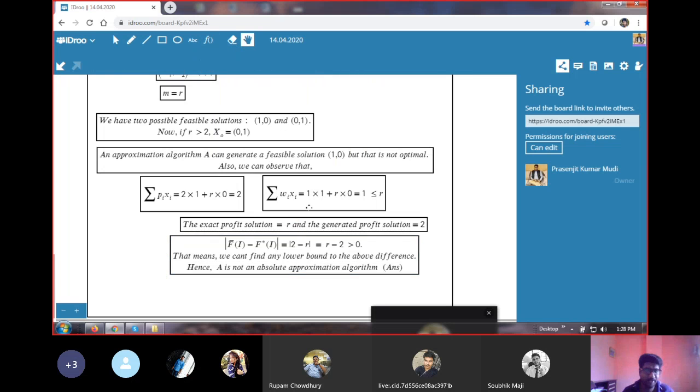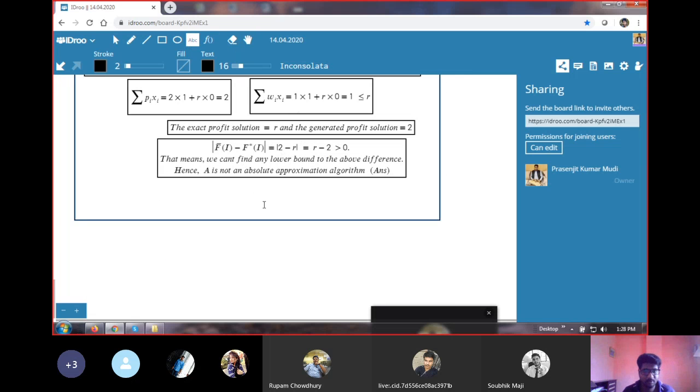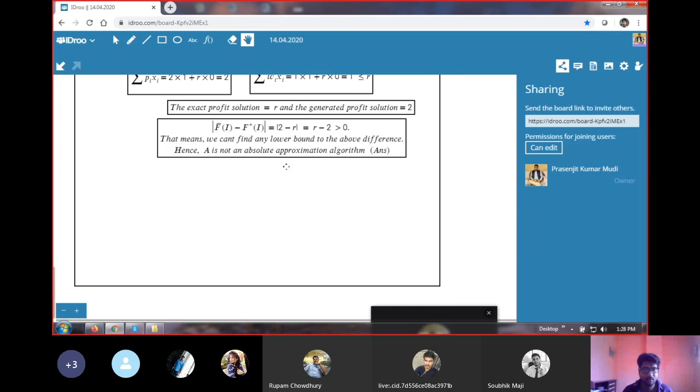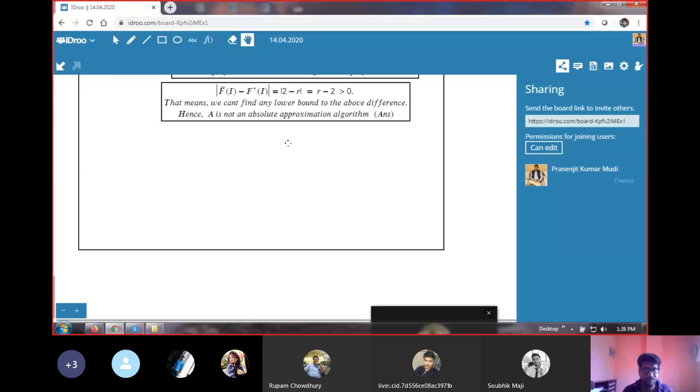So this is the justification with the help of this example. Next we go for the fractional absolute difference.